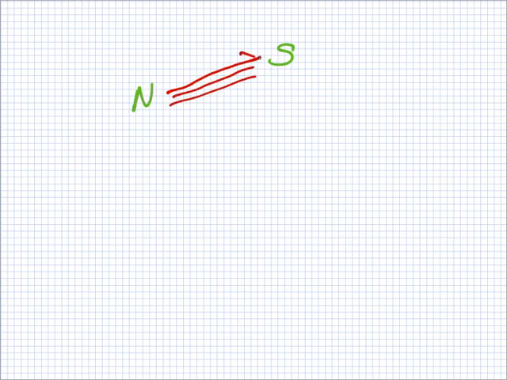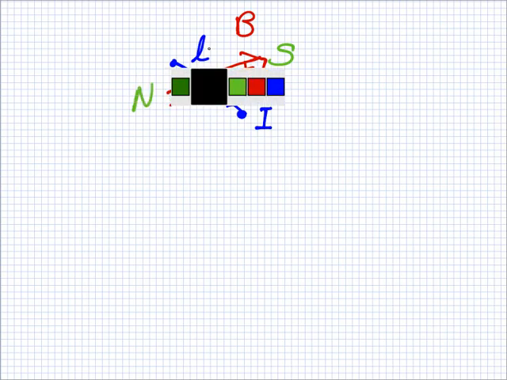Here's the magnetic field, so I'll call that B. Here is the current, so I'll call that I. And we'll say it has a length L.